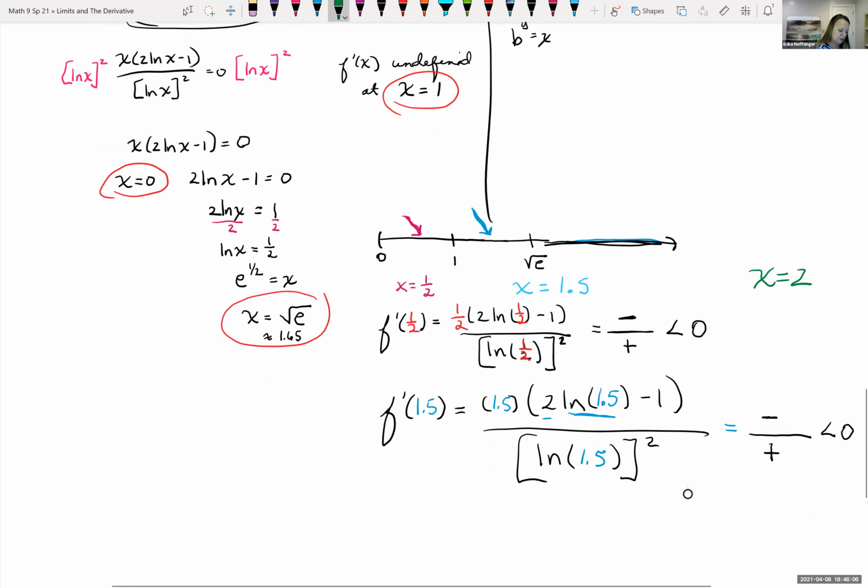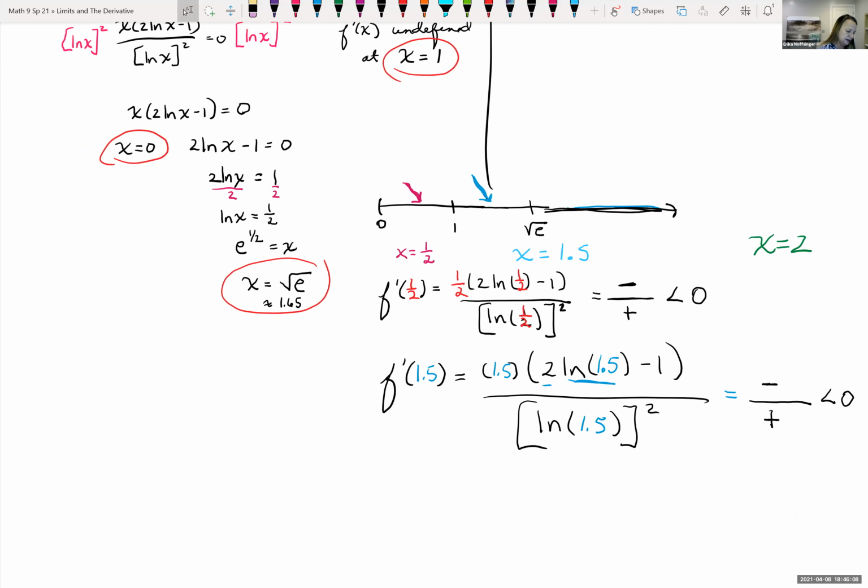So if we plug this into our derivative, that would be 2, all times 2 natural log of 2 minus 1, all over the natural log of 2 quantity squared.